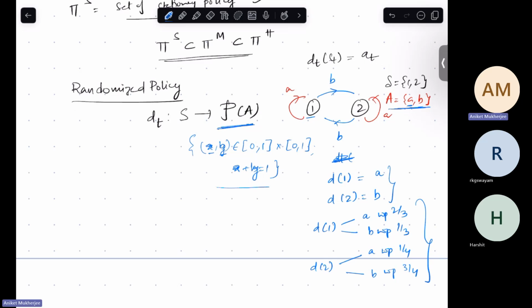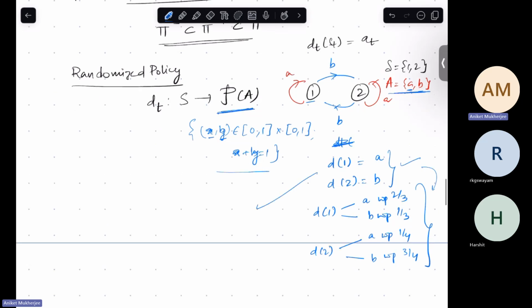Now here, you will see that the deterministic policy is basically a special case of the randomized policy, because you can choose the above rule: D1 is A with probability 1 and B with probability 0.